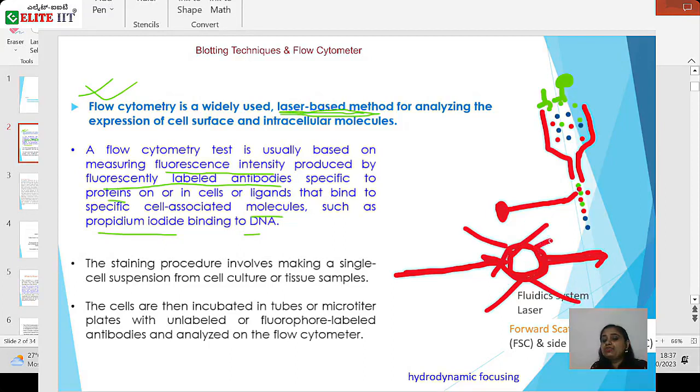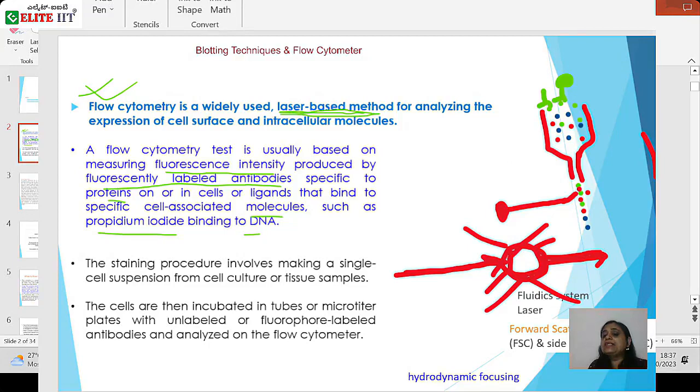For these two types of light, this system has a detection process. A detector will be there for the forward light as well as for the side light. So there will be two types of detector, and the detectors are attached to an analyzer.